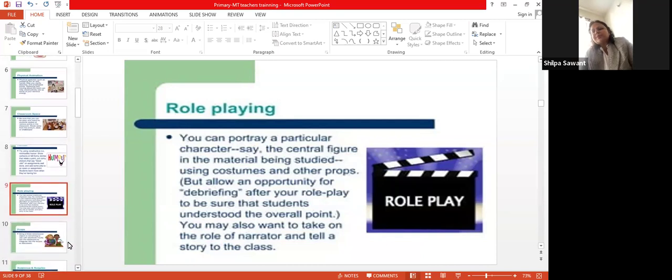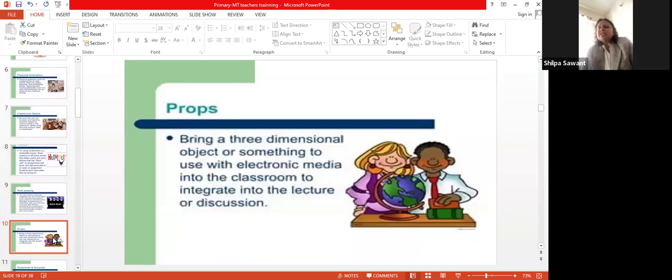The next one is using props. When we talked about it, the teacher has to use a lot of teaching aids. What does teaching aids mean? Teaching aid does not just mean charts, flashcards, bringing some kind of pencils or some kind of objects, but it could be, if it is a geography class, of course, the globe is there, the maps are there, these are the props.